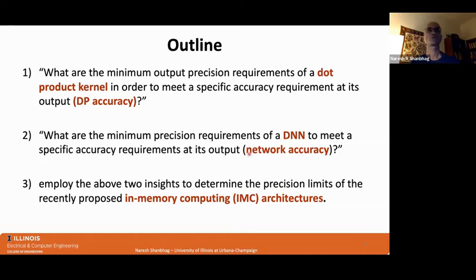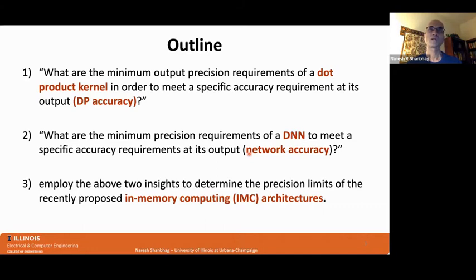And finally, we want to take those two learnings from 1 and 2 and look at an advanced topic. This is to find out the precision limits of in-memory architectures. Some of you may have heard about in-memory architectures. These are a relatively new addition to the portfolio of DNN accelerators that have been proposed.